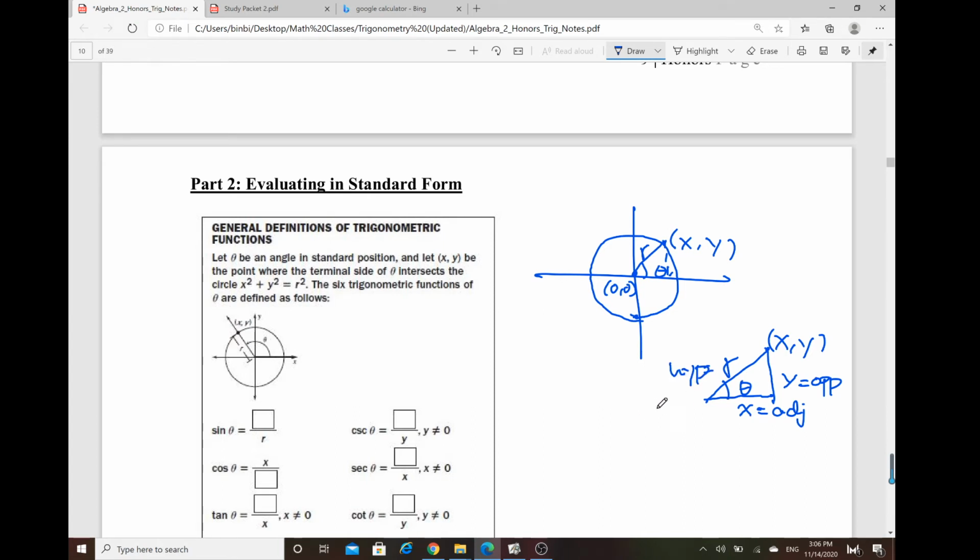In order to get those ratios, sine, cosine, tangent, we do know that sine of theta is opposite over hypotenuse. In terms of x, y, r, this can be written as y over r.